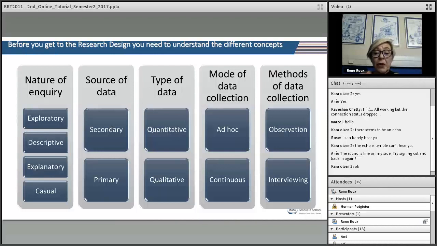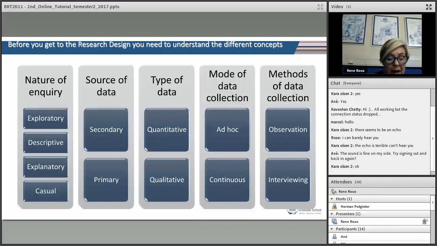And before you go into the research design, it is important to understand this model, because this is what research is about. Usually that problem or opportunity leads to an inquiry. That inquiry can be exploratory, descriptive, explanatory, or causal.